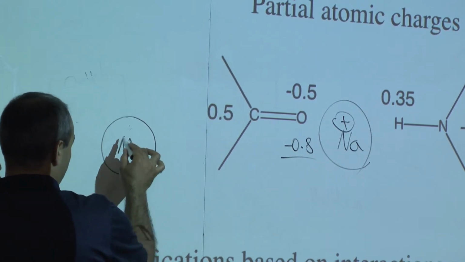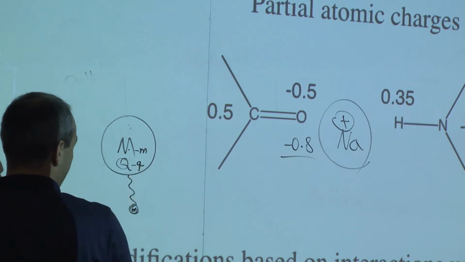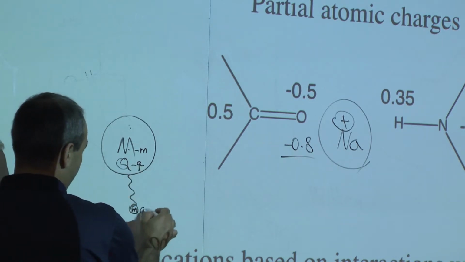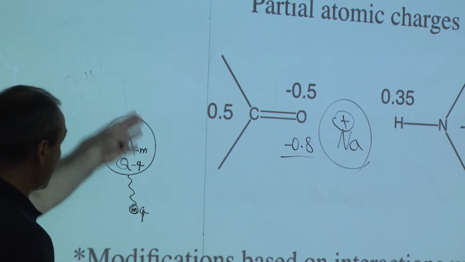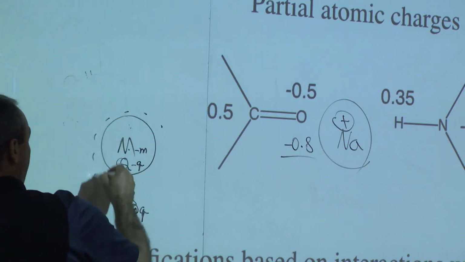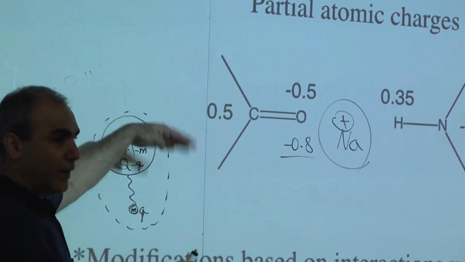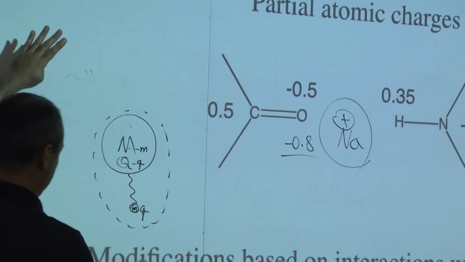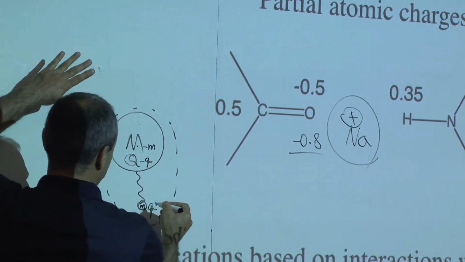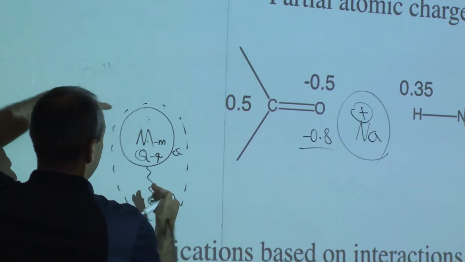So instead of having the total charge here, Q, I can reduce it by a little amount of charge here and give this to the other guy. The total charge and the total mass are still the same. But now you have introduced a little dipole here that can respond to the electric field in the environment. So let's say this end is a little positive, and now you have a little bit negative here.